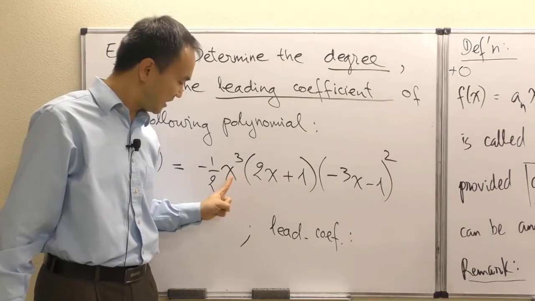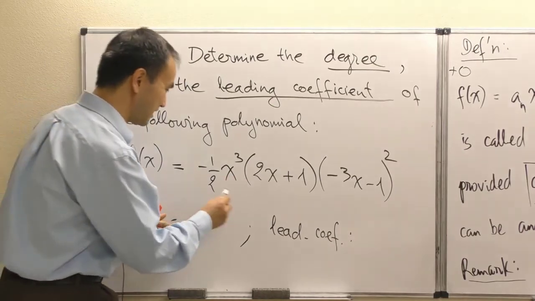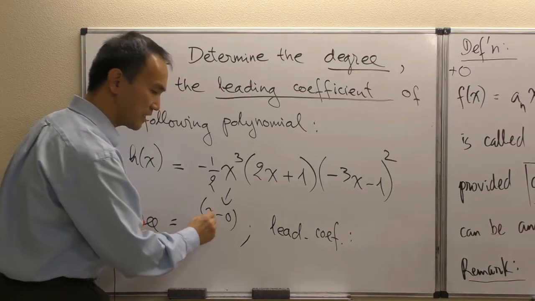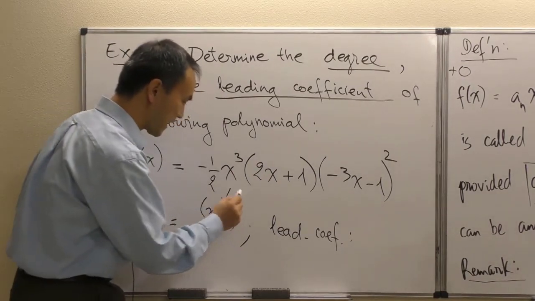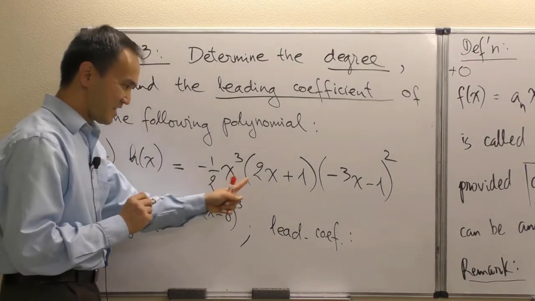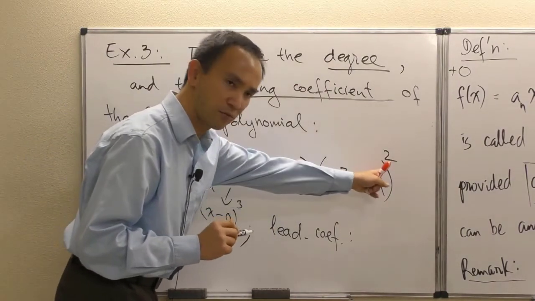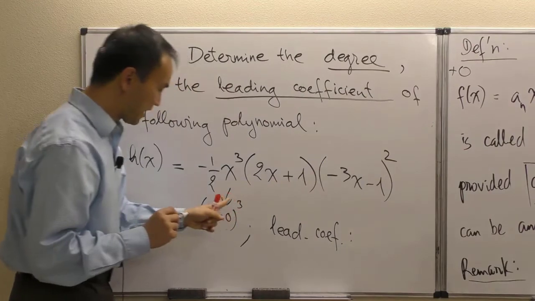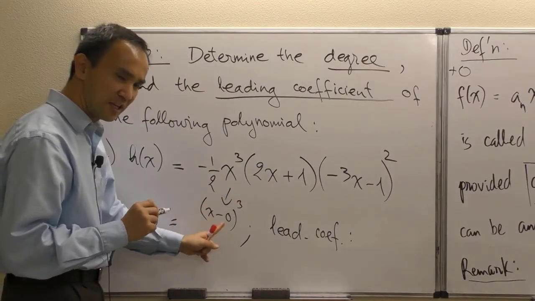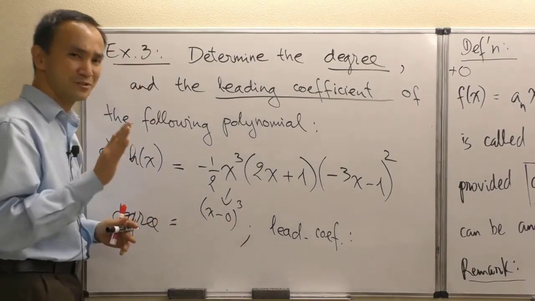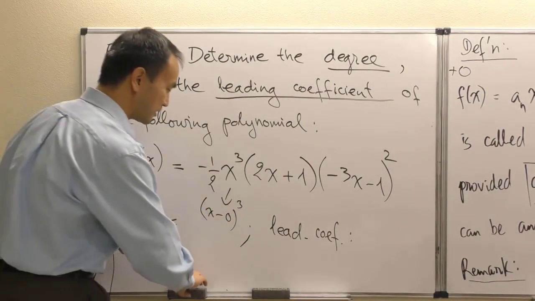Yes, it is. Just make a good note of this. I see this x here as x minus 0. It's still a linear factor, and then raised to a third power. Then here is an easy to recognize linear factor, and then a linear factor here raised to multiplicity 2. And by the way, this x minus 0 is a linear factor raised to multiplicity 3. And so now we are ready for identifying the degree right here.